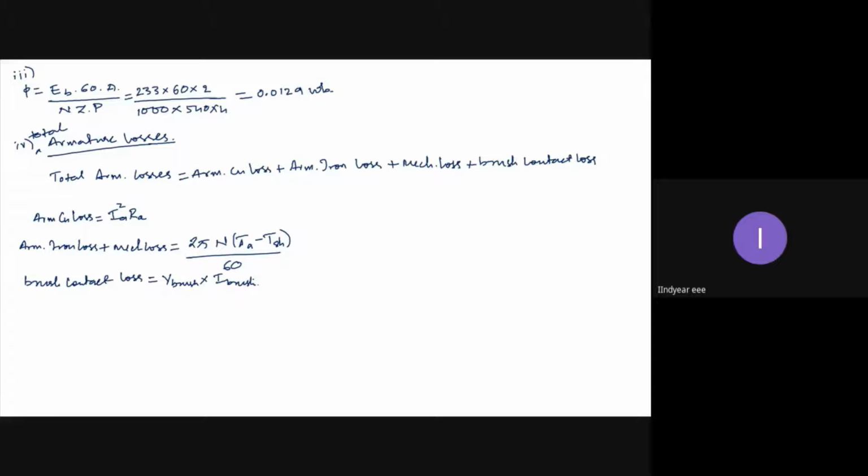I brush is current per parallel path. What is current per parallel path?